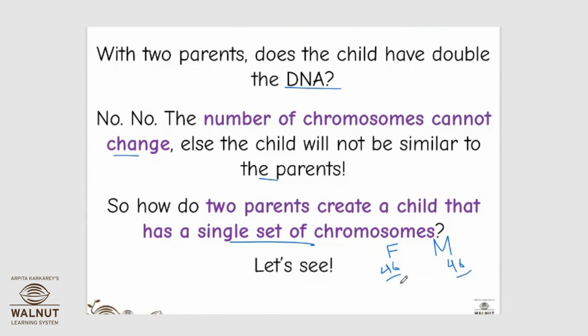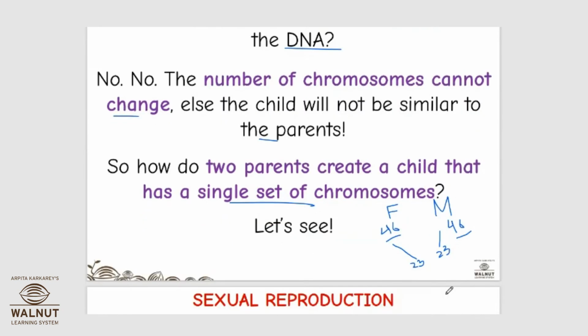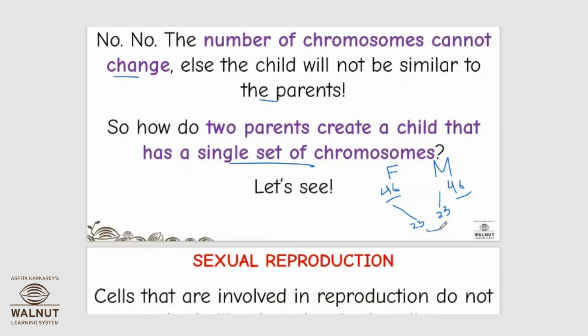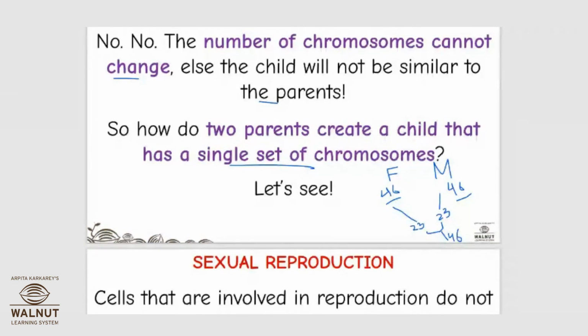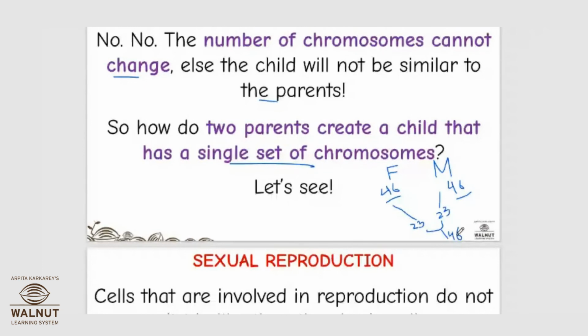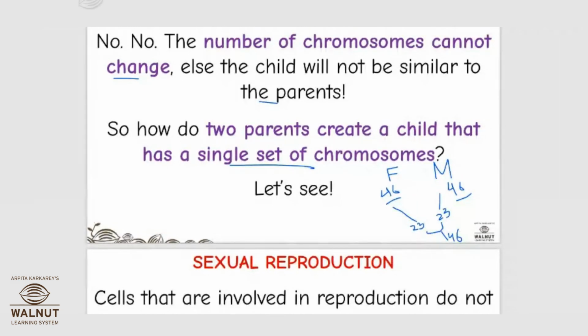So 23 the child will inherit from the father and 23 from the mother. So in total the child will get 46. Correct? Yes, ma'am, but I didn't get the first paragraph, the number of chromosomes cannot change. Yes, I was just explaining it further.